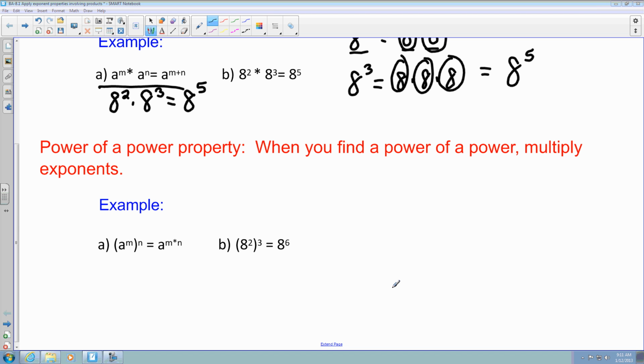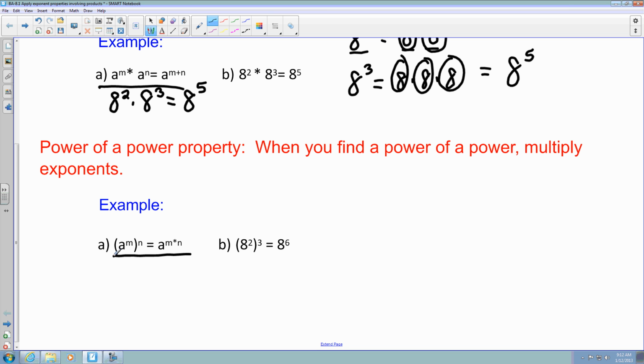We're taking the power of a power, so using the definition, a to the m power, all to the n power, equals a to the m times n.